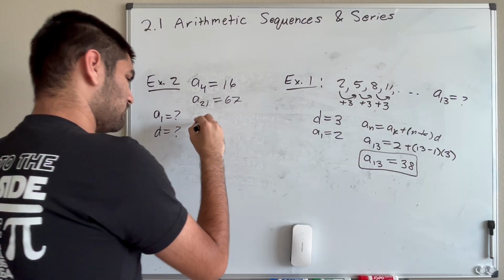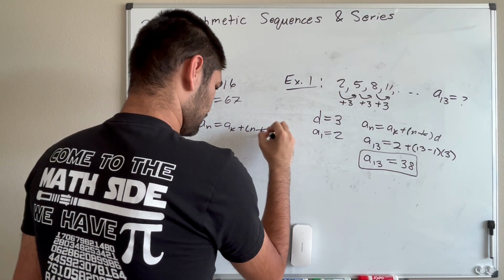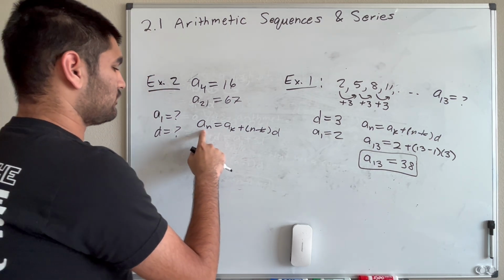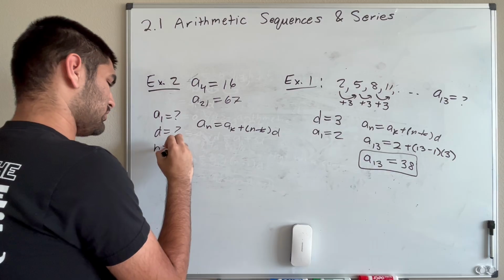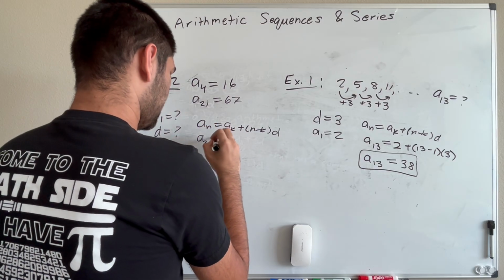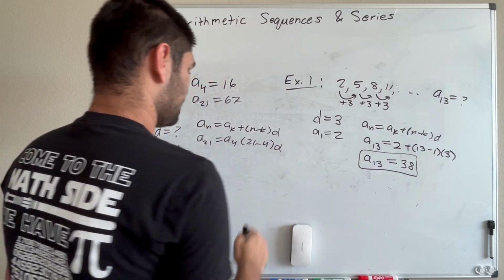Well, let's just write down the formula again. So if we set n equal to 21 and we set k equal to 4, then this becomes a21 is equal to a4 plus 21 minus 4 times d.